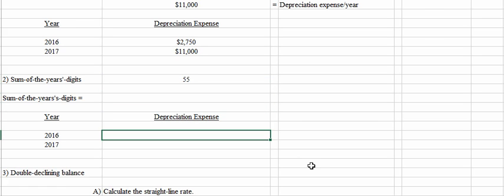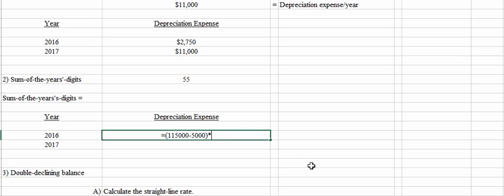Okay, well, our depreciation for 2016, remember here we multiply by our depreciable base, so it's going to be equal to our $115,000 minus $5,000. That gets us to our depreciable base. Then we want to multiply by our rate.